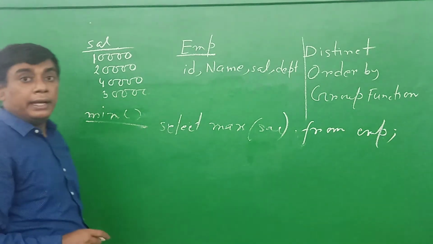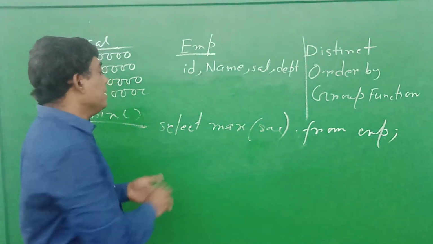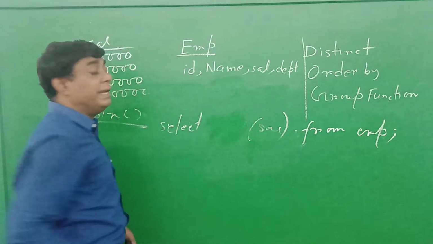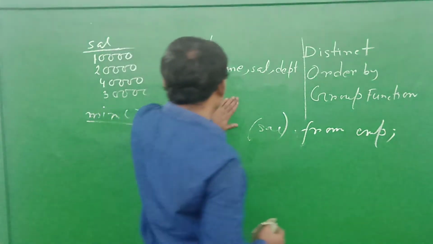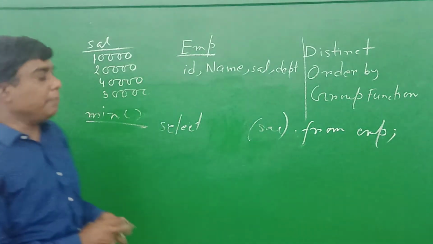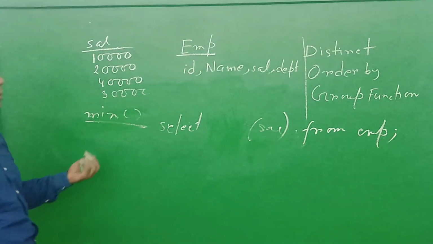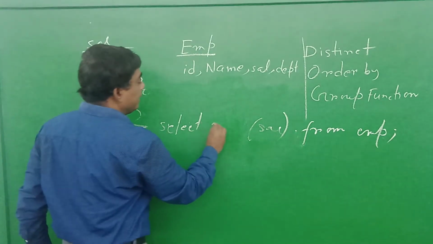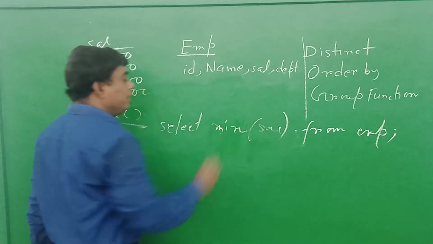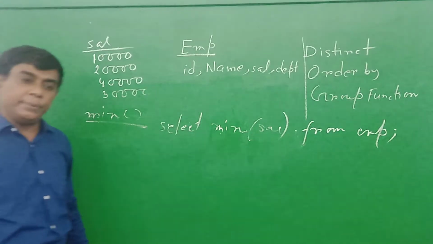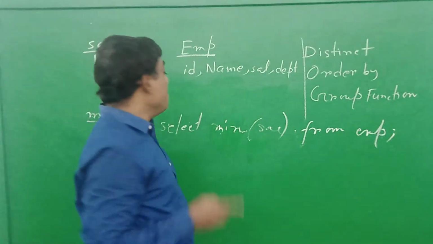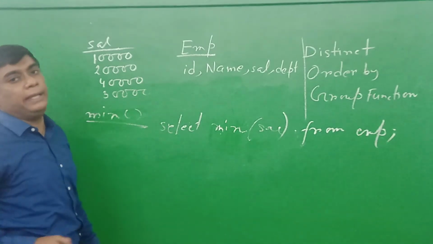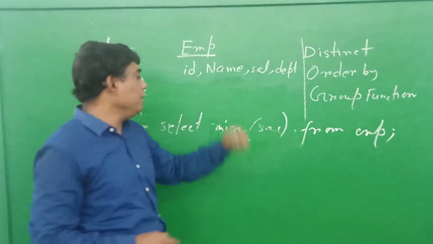What is min? If you want to display the minimum value from any column, then it is known as min function. So if you write select min within bracket sal from EMP, then it will display the minimum salary from the EMP table. So this is the min function.